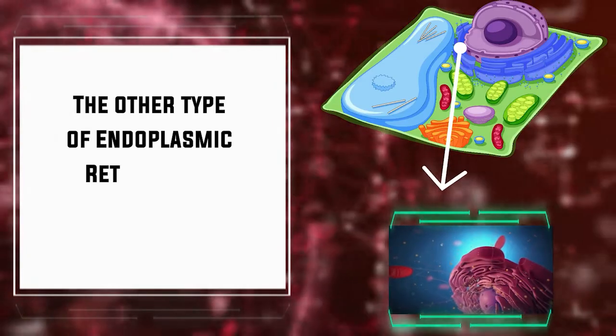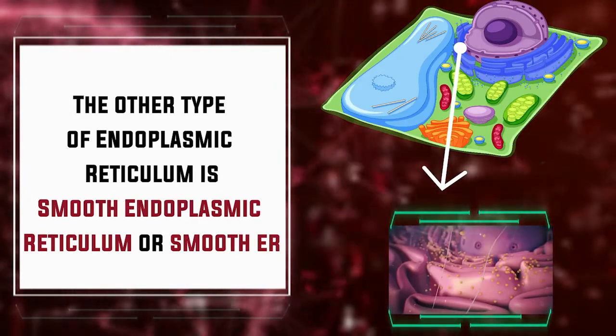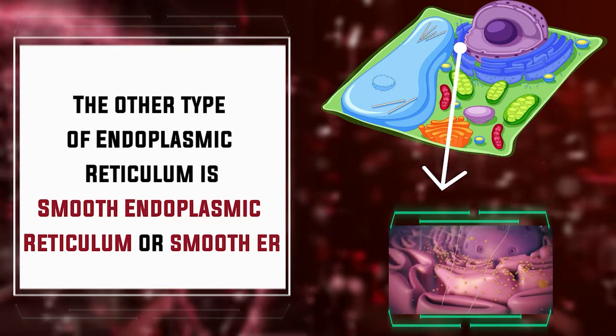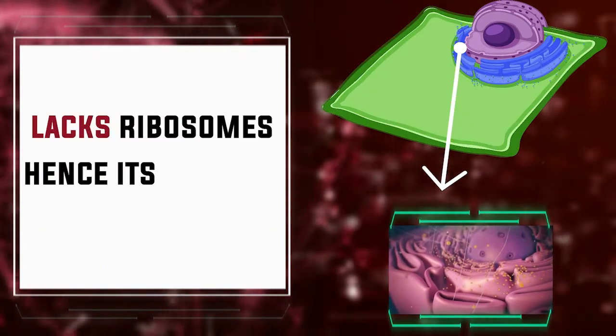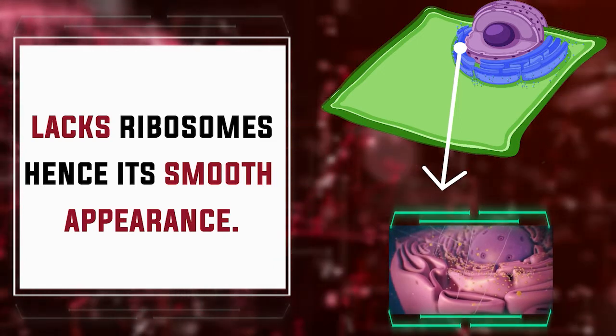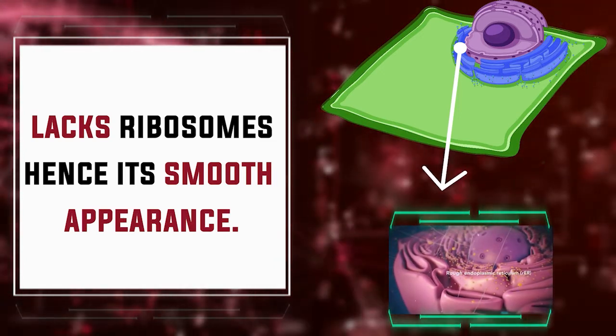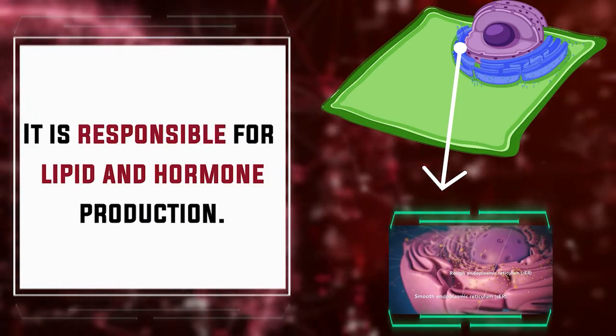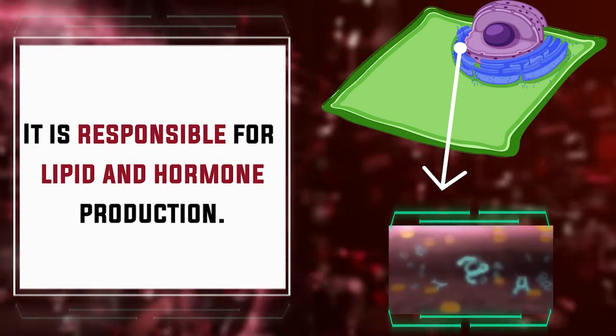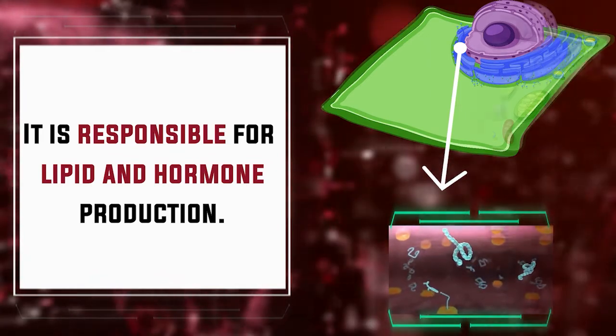The other type of endoplasmic reticulum is the smooth endoplasmic reticulum, or smooth ER. Smooth endoplasmic reticulum lacks ribosomes, hence it is smooth in appearance. This type of endoplasmic reticulum is responsible for lipid and hormone production.